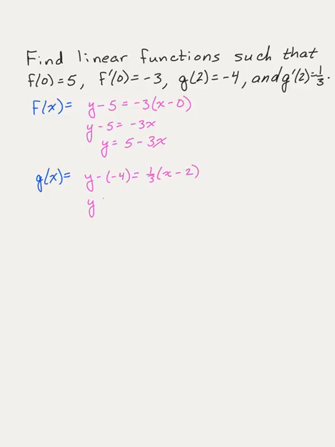And so distributing, you're going to have y plus 4 is equal to 1/3 times x minus 2. And I'm going to actually leave it in this format and then just move the 4 over, giving us negative 4 plus 1/3 times x minus 2. And I'm going to leave it in that format because we're going to see why a little bit later on.